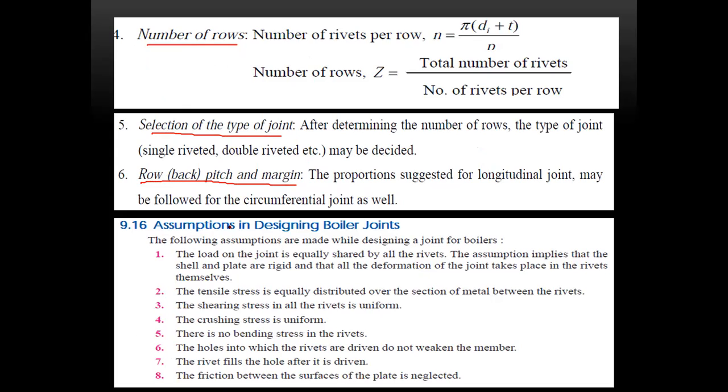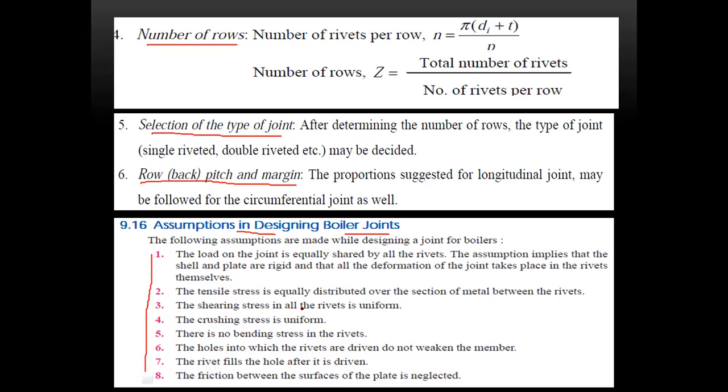Next, what are the assumptions that should be made in designing the boiler joints? These are the 6 or 8 assumptions that should be maintained for designing a boiler joint. If you get a question, you have to write these points. There is no bending stress in the rivets. The crushing stress is uniform.